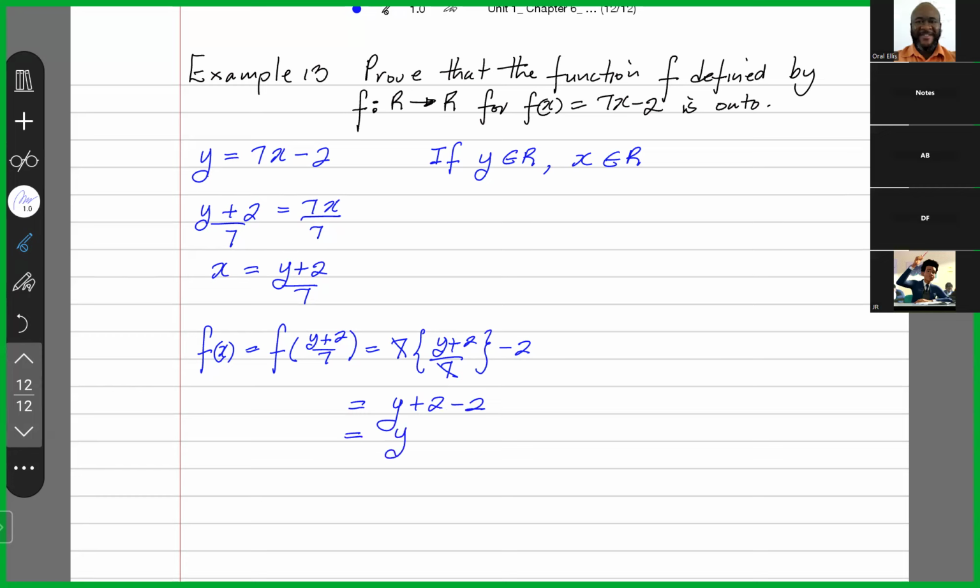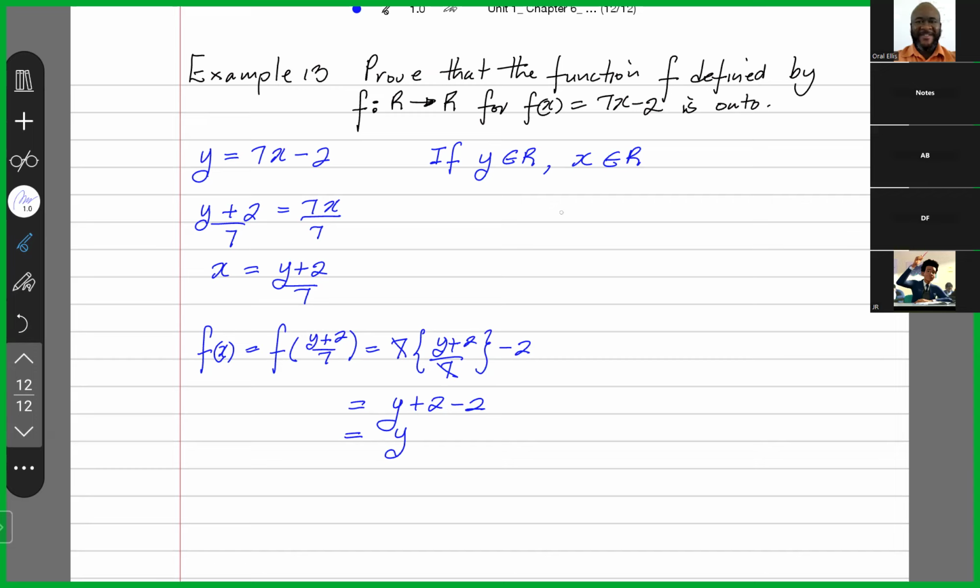So we've already seen that if x is equal to y plus 2 over 7 and y is a real number, x must also be a real number. And that for every element x, where x is equal to y plus 2 over 7, there exists an element y in the codomain. We have shown that.